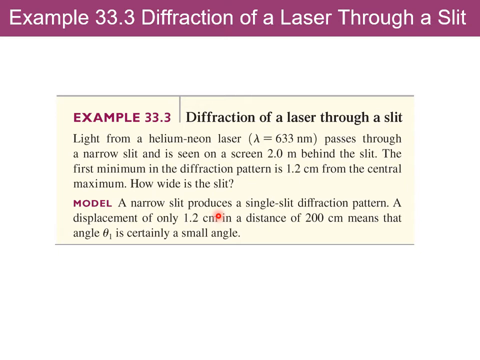If a helium-neon laser, which has a wavelength of 633 nanometers, passes through a narrow slit and is seen on a screen 2.0 meters behind the slit, and the first minimum in the diffraction pattern is observed to be 1.2 centimeters from the central maximum, how wide is the slit?